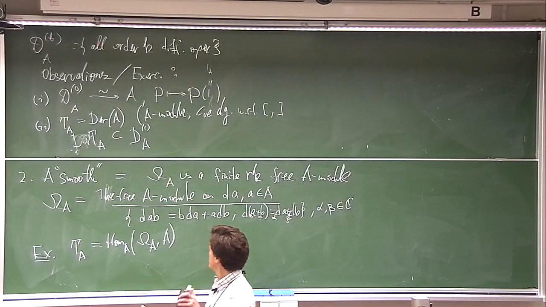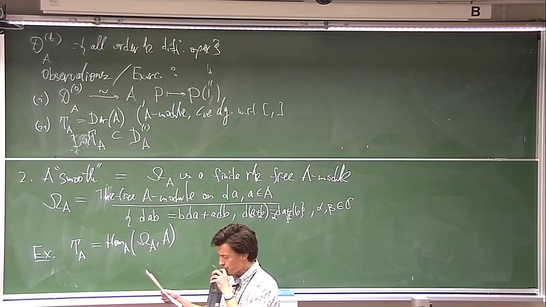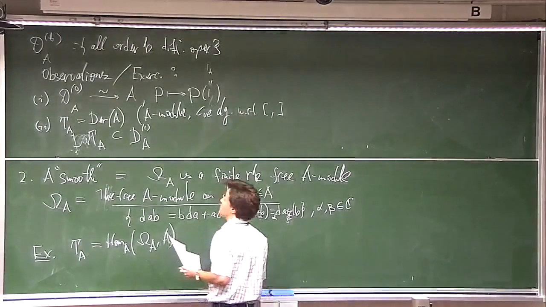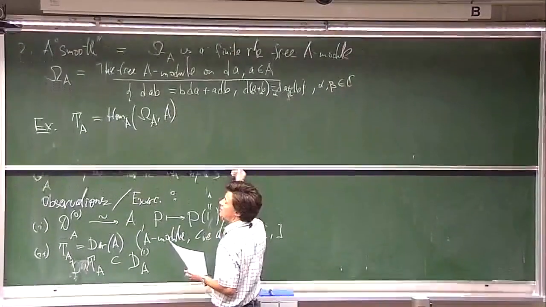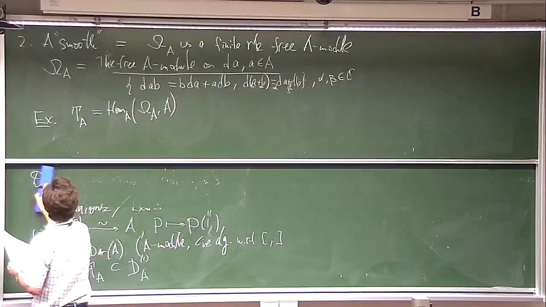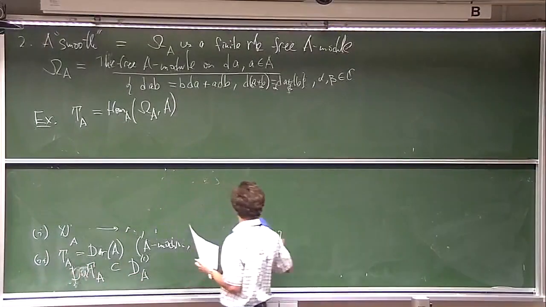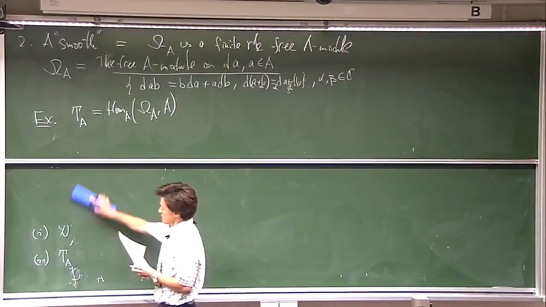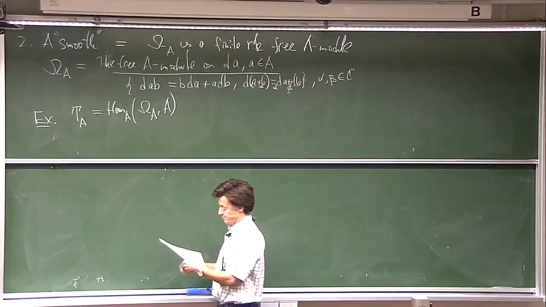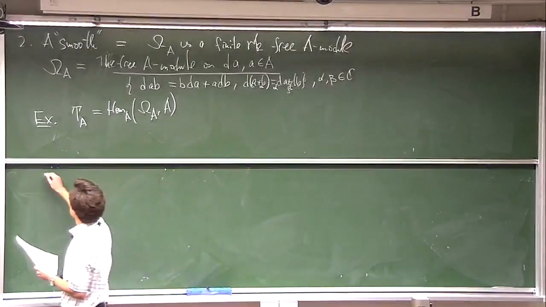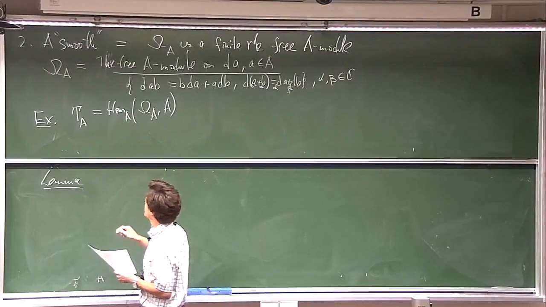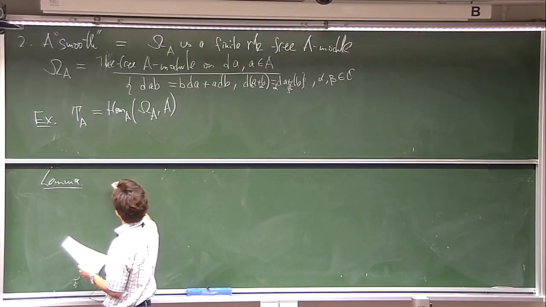All right, so suppose this is the assumption. Then the fundamental lemma says that there is a canonical isomorphism.